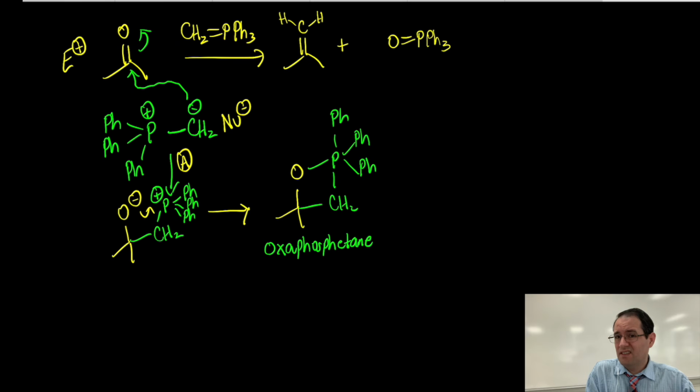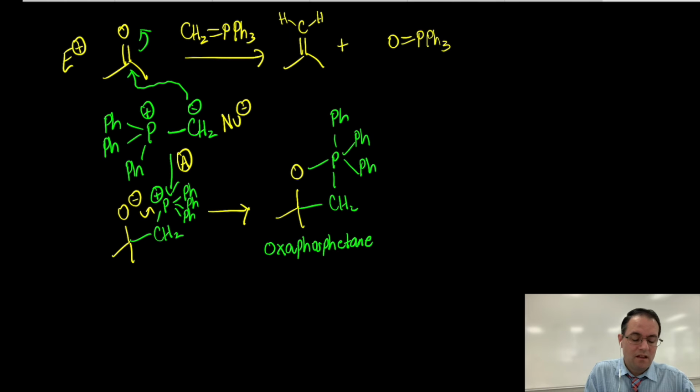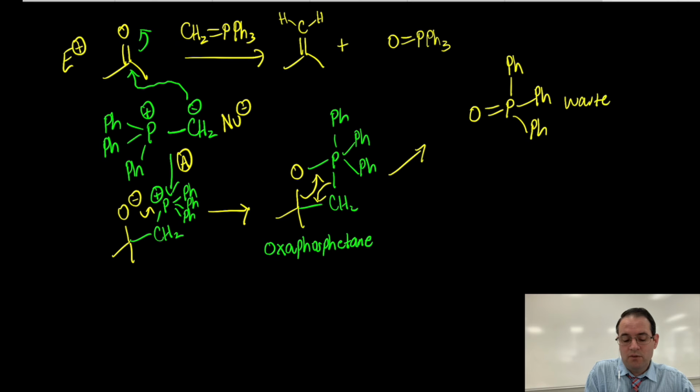Okay, it's a kind of a reactive intermediate, and now what happens is we move the electrons around in the ring like so. So we move these here and these here. Just pay attention to which way you're moving it and make sure you're doing it the right way. So we're going to form an oxygen phosphorus double bond. And this is waste. We don't want this, but it's a huge amount of carbons.